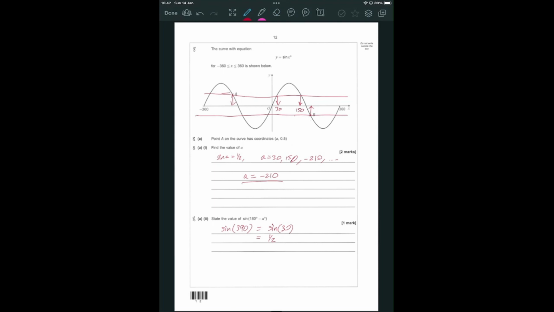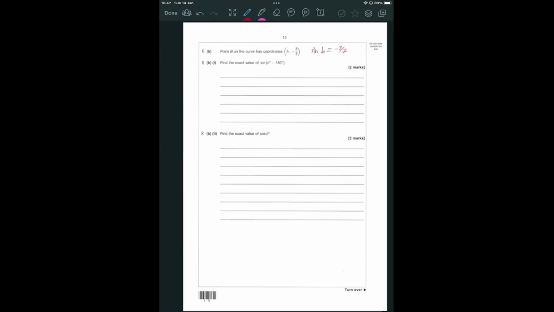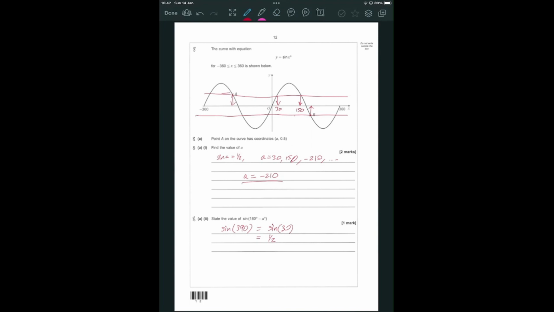If I do B minus 180, or whatever that value is, subtracting 180 is going to come up over here. It's just over where the origin is. Now, a couple of things which you should have intuition of.